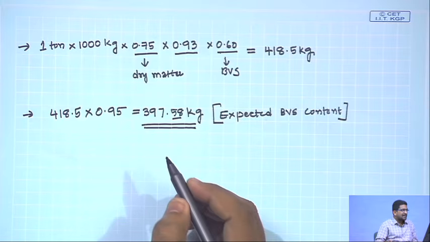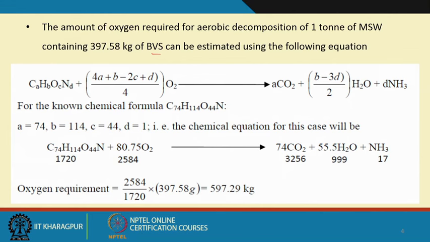Now we will be calculating the oxygen required. The amount of oxygen required for aerobic composting of 1 ton of municipal solid waste containing 397.58 kg of BVS can be estimated using the following equation. In the PowerPoint presentation, we can see the equation, which has been taken from standard literature and textbooks.